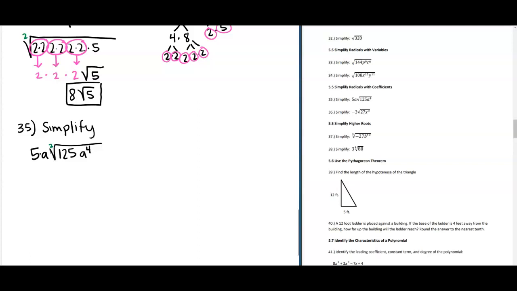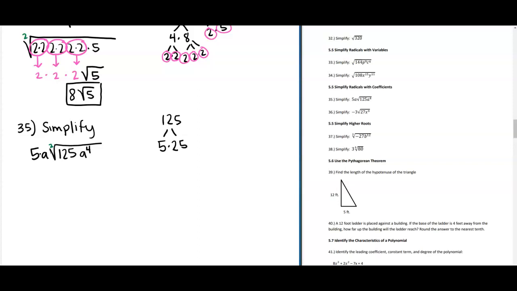Just like we did on the one above, let's take the number 125 and write it as a prime factorization. 5 times 25 is 125. If you didn't know that right off, remember that any number that ends in a 5 is divisible by 5.